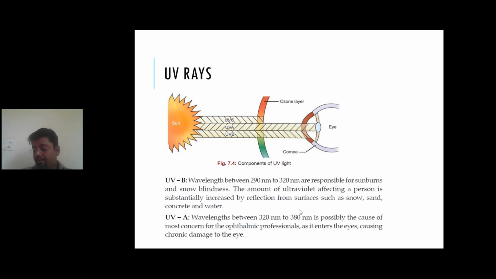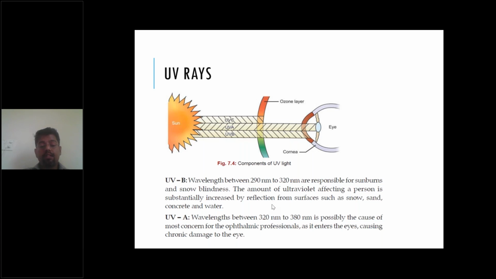That is why we get a lot of tan whenever we go in the sunlight near a water surface, at a beach, in a pond or a lake.